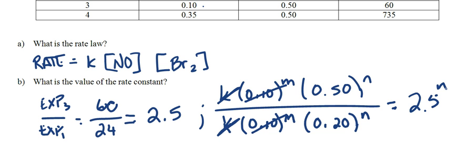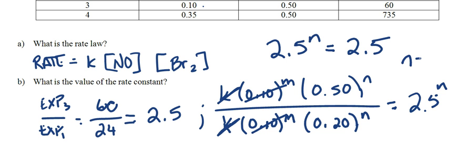So what that means is 2.5 to the n is equal to 2.5. Therefore, n is equal to 1. So the bromine is a first order reactant. Okay, so we got that one out of the way.